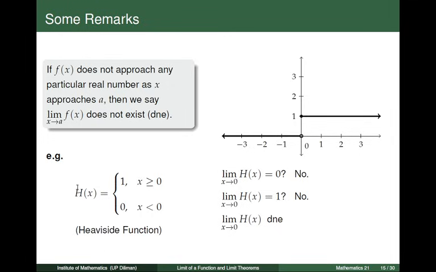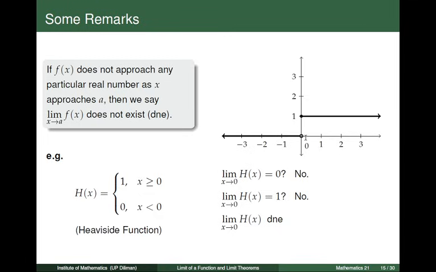Consider this function, capital H, defined as this piecewise function here, where the value is 1 when x is positive or 0, and the value is 0 if x is negative. We call this function the Heaviside function. The graph of H is this graph here, right?